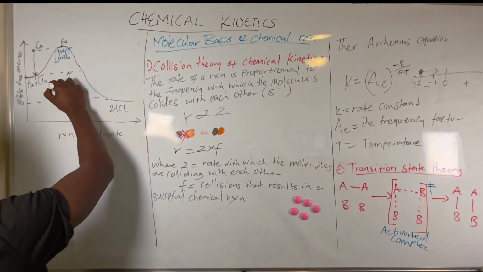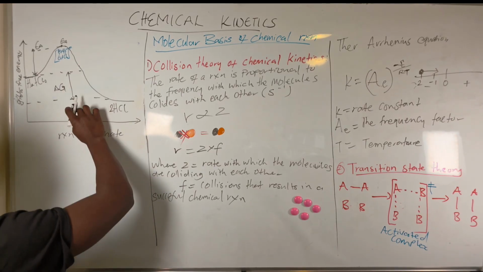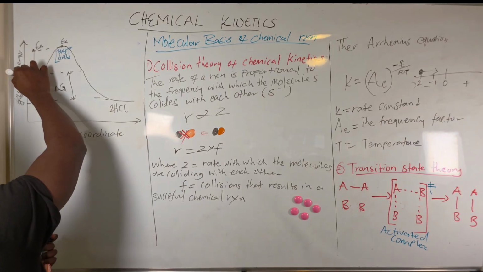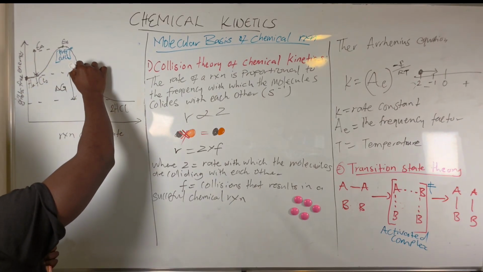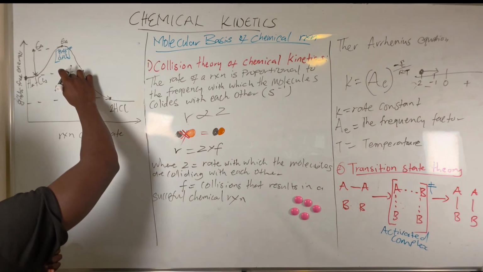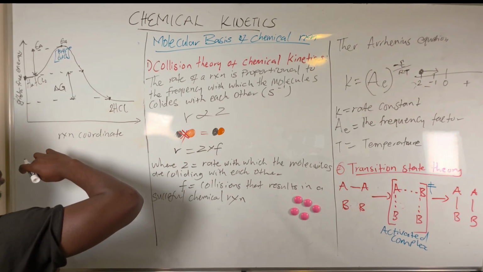It's going to be negative, because when we started we had a higher energy up here, and then we reduced our energy down here. So the Gibbs free energy change is going to be negative.